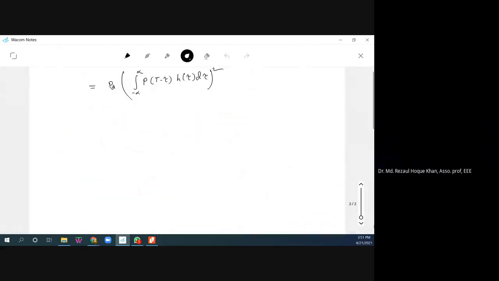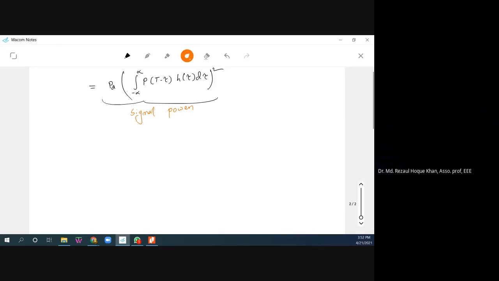So now this is our complete signal power. We have derived our complete signal power.